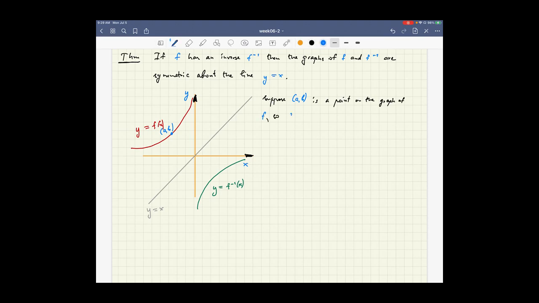Which means, of course, that f at a equals b, which in turn means that f inverse at b equals a, which in turn means that the point with coordinates b comma a lies on the graph of f inverse.